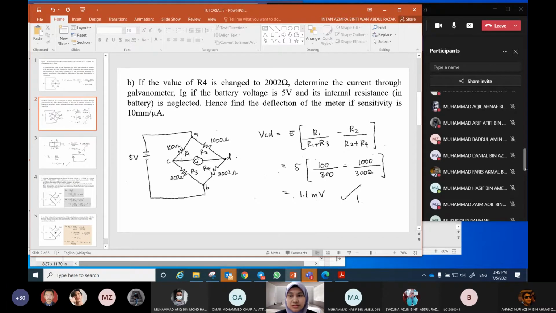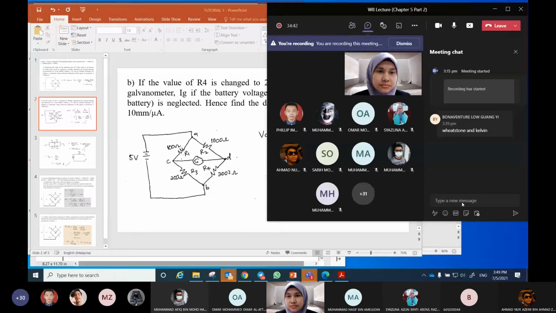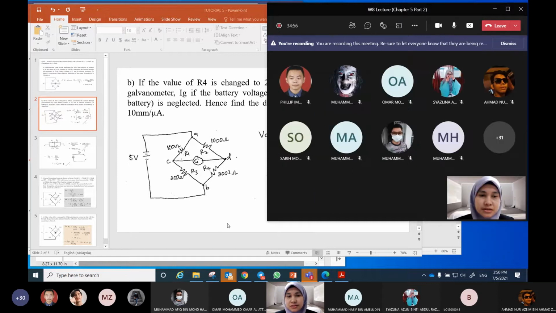Zaim Akil. Yes, Doctor. What is the RM in this circuit? As mentioned by your friend just now. What is the RM? What is the value of RM in this circuit?